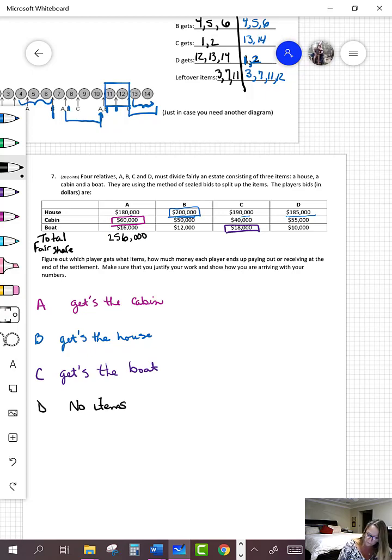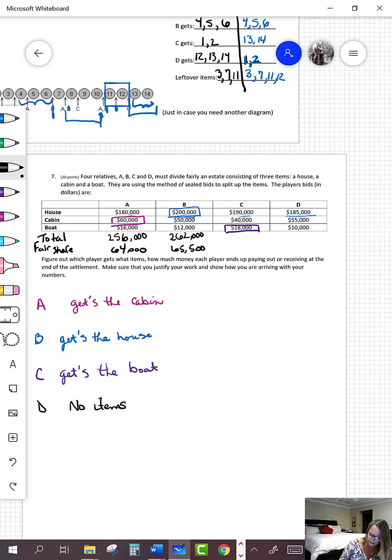And so 4 into 256,000 is 64,000. If we sum B, all the items, 200,000 plus 50,000 plus 12,000, that gives us 262,000. If we take 262,000 and divide this by 4, then they believe their fair share, walking away with $65,500 of property worth or money, they'd be happy.